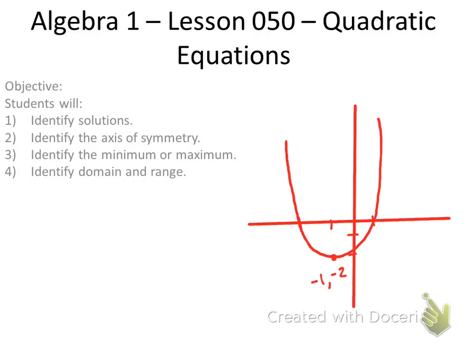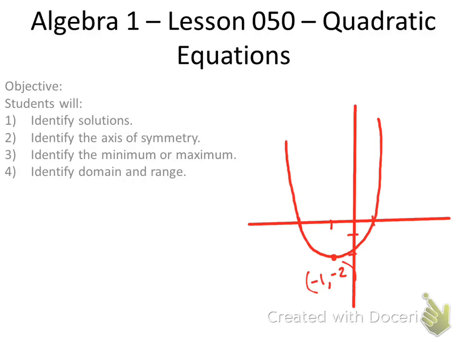Okay. That's your vertex. We've learned how to graph it. So let's just pretend you graphed it. There are parts of the graph that we're going to identify now. This kind of graph is called a parabola specifically, but this is a quadratic equation graph, okay?